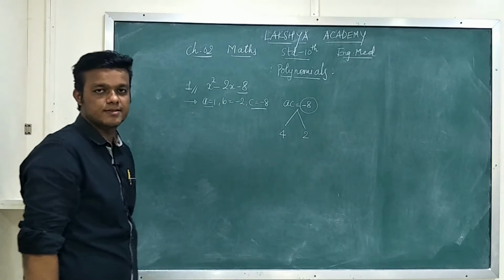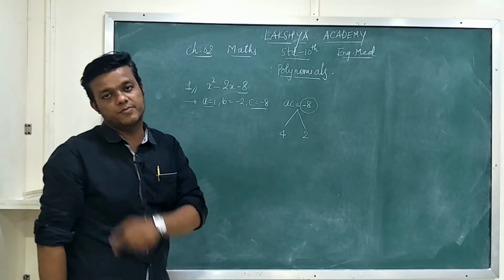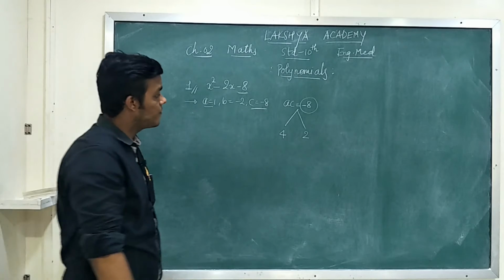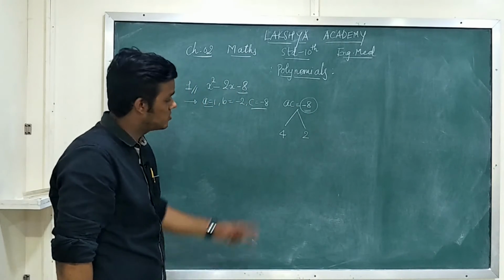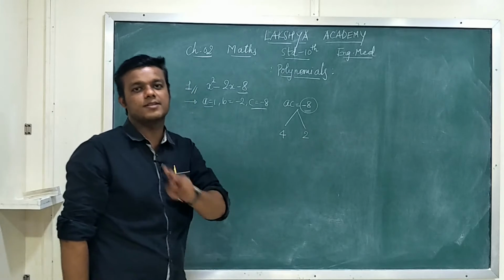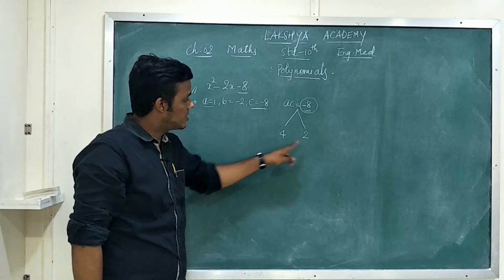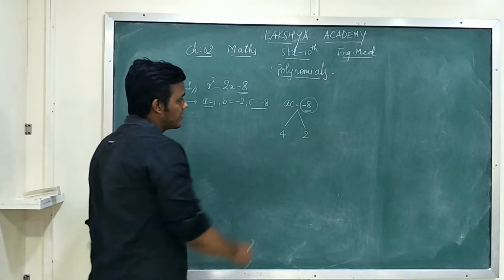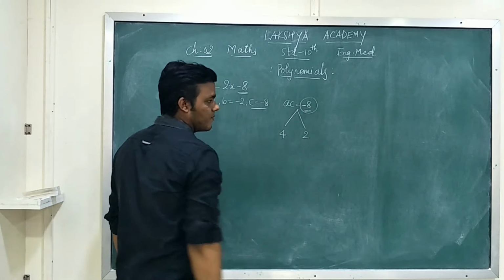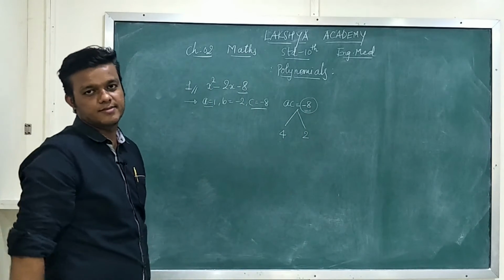Now the question is, whom we will put positive or whom we will put negative. If you are splitting a negative number, then you will have to keep in mind that both the numbers will have different signs. If you are splitting a positive number, then both the numbers will have the same signs, right? Here we are splitting a negative number, that's why both the numbers will have different signs.